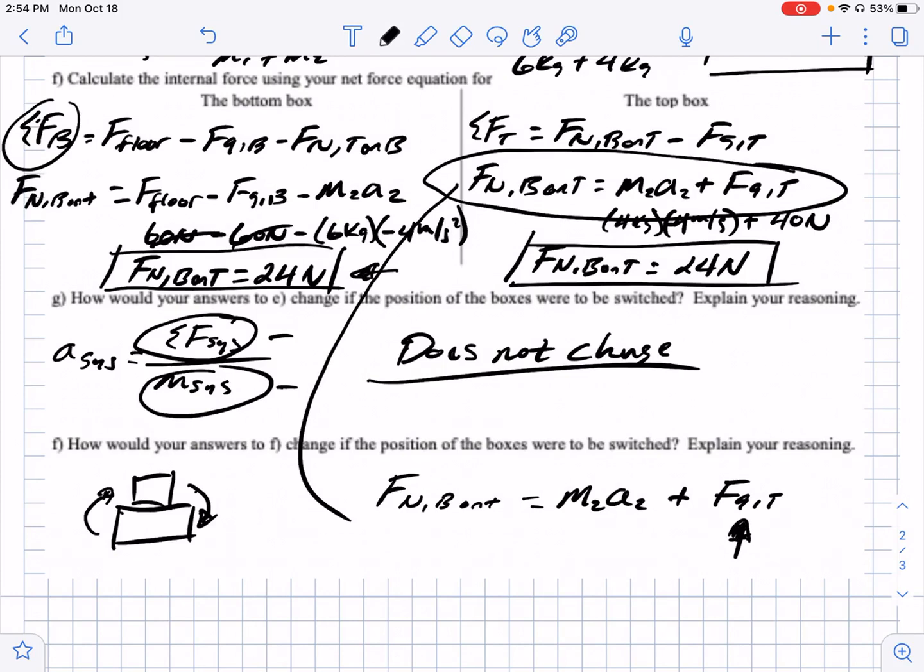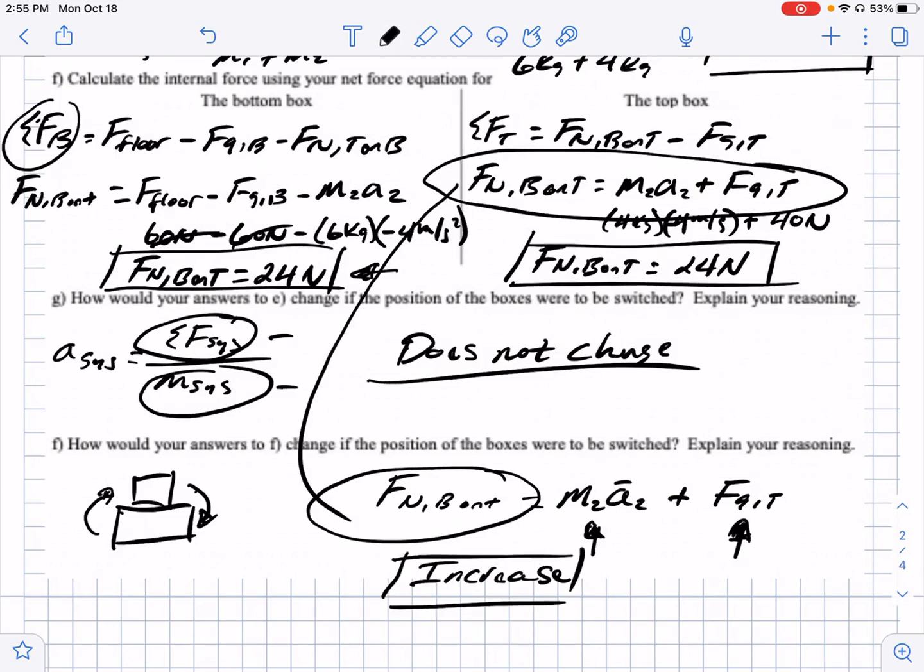The acceleration stayed the same, but now we have the heavier mass on top, so we have an increase in this net force here. So that means that this internal force has to increase. The internal force would increase because in this situation, your larger mass will be applying a larger normal force to that smaller bottom box.